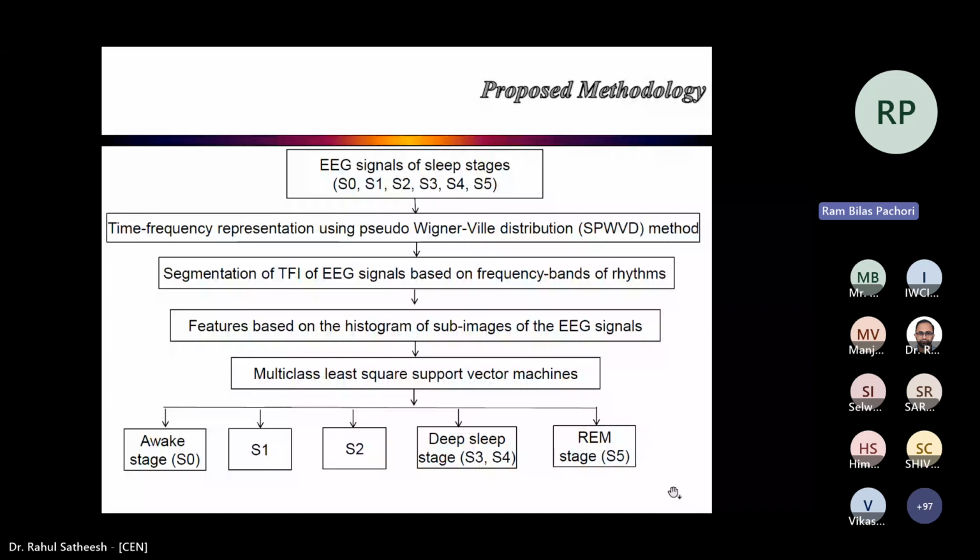Then we segment the time frequency image of each signal based on the frequency bands of the rhythms, and then features based on the histogram of sub images of each signal are extracted. Then we give these features as input to a multi-class least square support vector machine classifier, and that classifies these sleep stages: the American Academy of Sleep Medicine has 5 sleep stages, and the R&K standard has 6 sleep stages. So nicely you can classify them using this signal processing and machine learning based framework. Next slide, please.